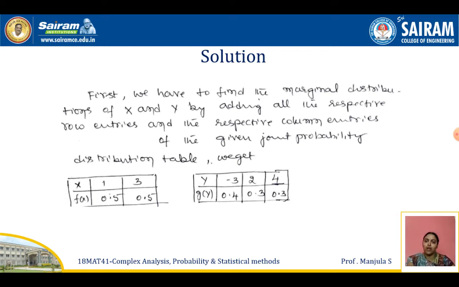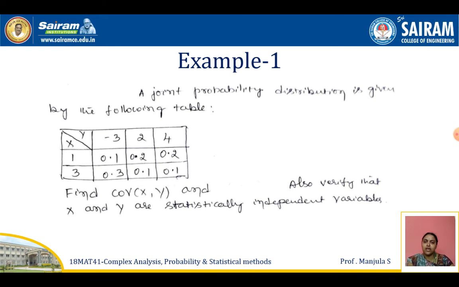Adding the values row wise gives f of x1, f of x2. In the first row, observe 0.2, 0.2 and then 0.1. If you add them, you get 0.5. Similarly, in the second row, 0.3, 0.1, 0.1 is nothing but 0.5.